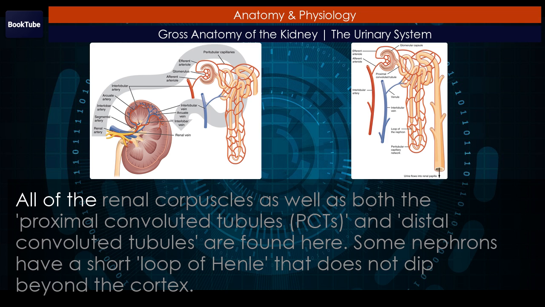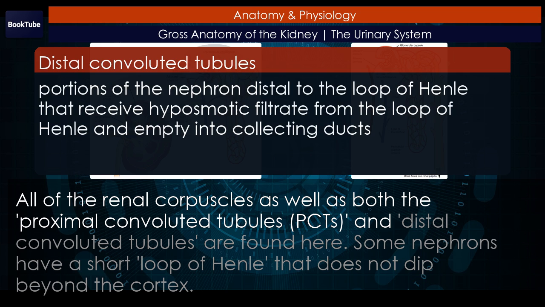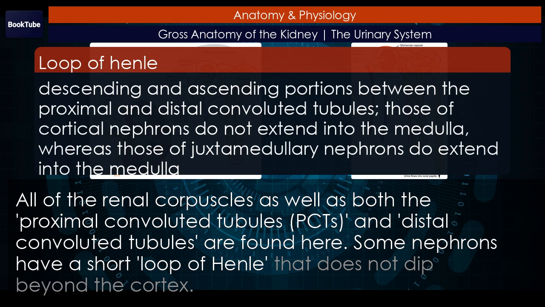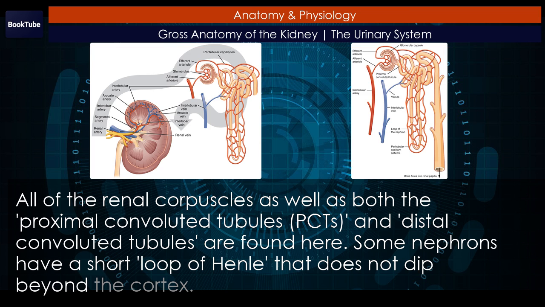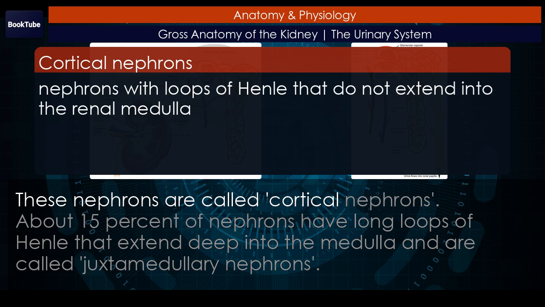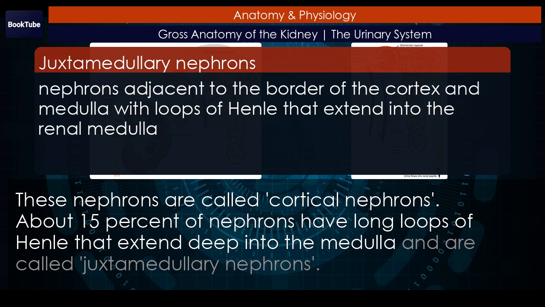All of the renal corpuscles as well as both the proximal convoluted tubules, PCTs, and distal convoluted tubules are found here. Some nephrons have a short loop of Henle that does not dip beyond the cortex. These nephrons are called cortical nephrons. About 15% of nephrons have long loops of Henle that extend deep into the medulla and are called juxtamedullary nephrons.